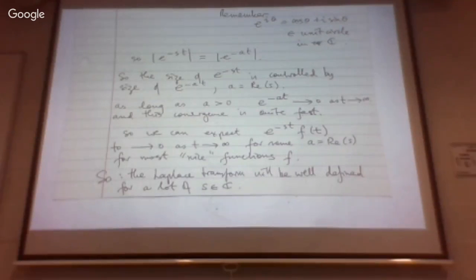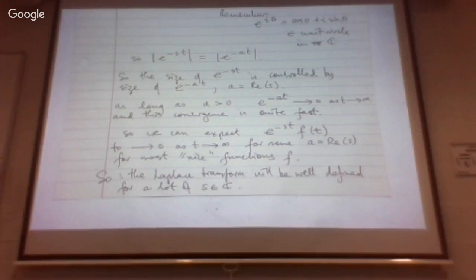So we tend to see convergence for these Laplace transforms in half planes in the complex numbers. So you have the plane of complex numbers, your real axis and imaginary axis. If the thing does converge for some value of a, which is equal to the real part of s, then it'll also converge for everything to the right of that line.